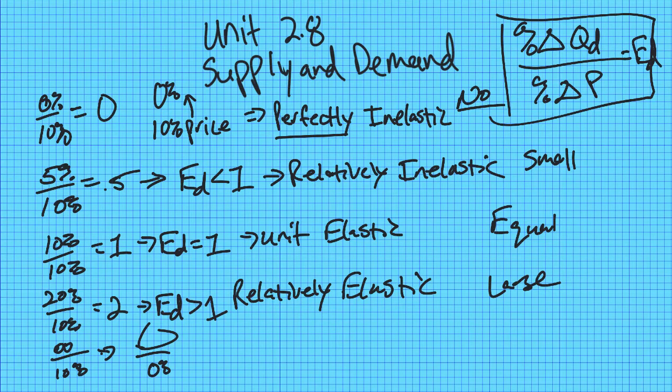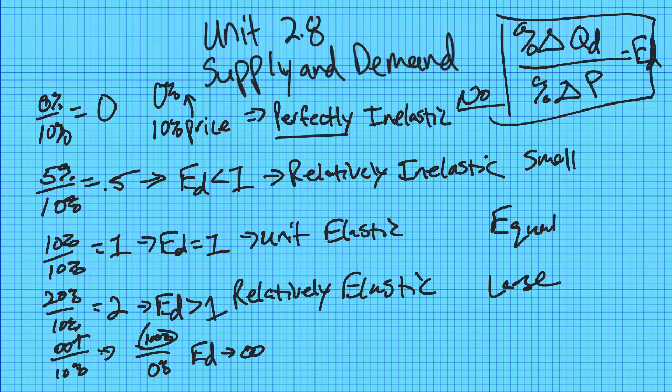As this approaches infinity, what happens to this number? What is infinity divided by 10? Well, it's approaching infinity. So this is where the elasticity of demand is not only greater than 1, but approaching infinite.